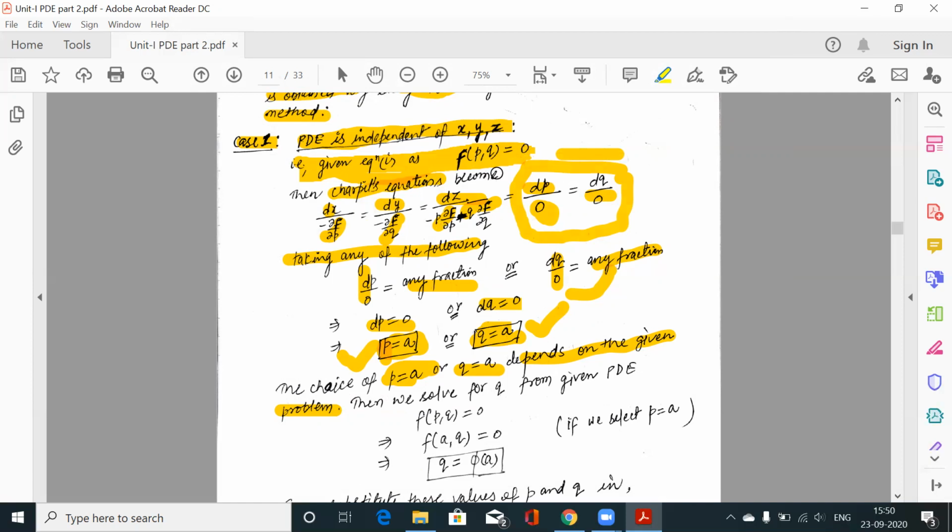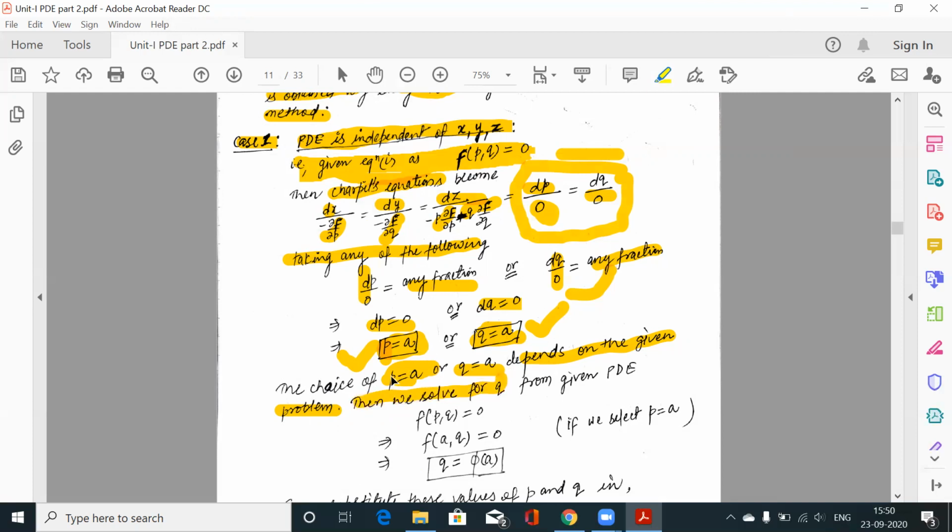Otherwise we don't have to take any burden. You use either p is equal to a or q is equal to a, depending on the given problem, then we solve for the other.